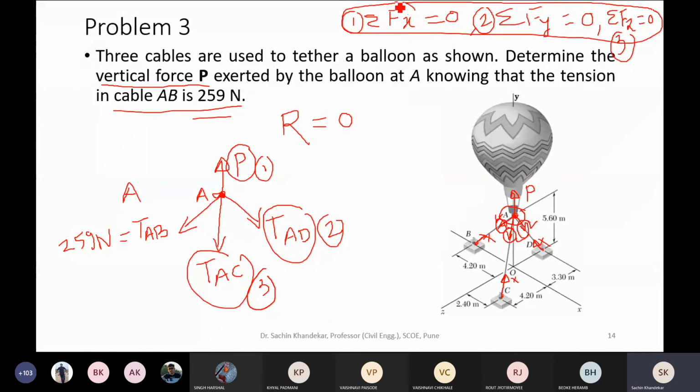Correct. Now to know this summation Fx, summation Fy and summation Fz, we must resolve all these 4 forces P, TAB, TAC, TAD into 3 components x, y and z.